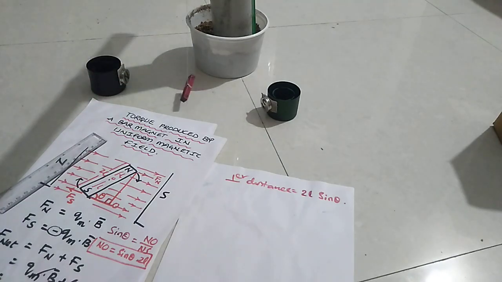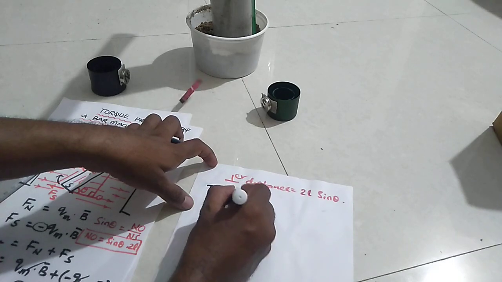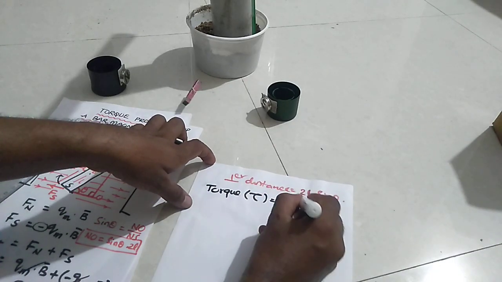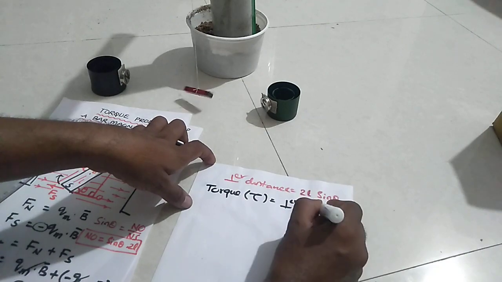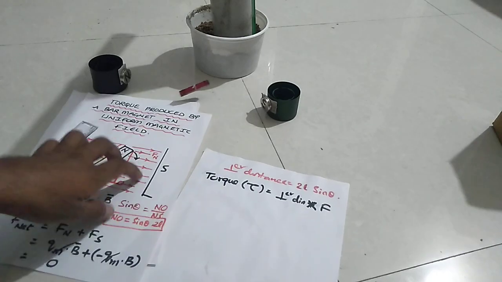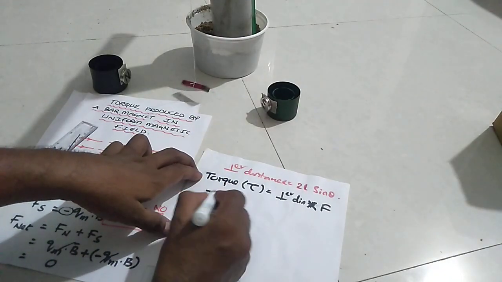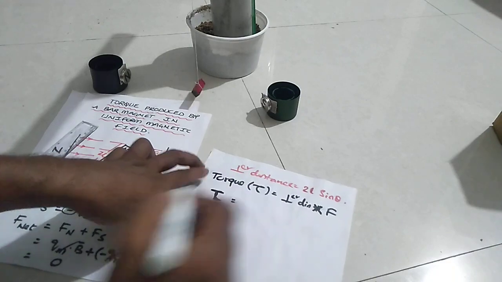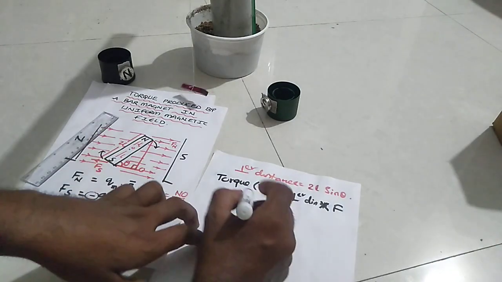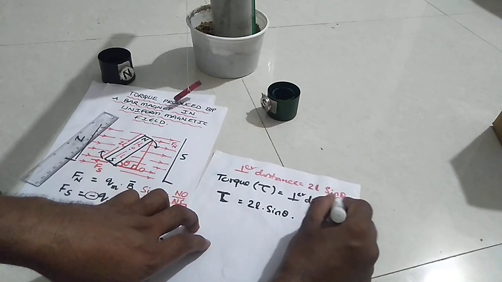So the formula for the torque, denoted by the symbol tau, is equal to perpendicular distance into force. What is the perpendicular distance that we have discussed? So tau is equal to sine theta into 2L, or we can say 2L sine theta, into force.